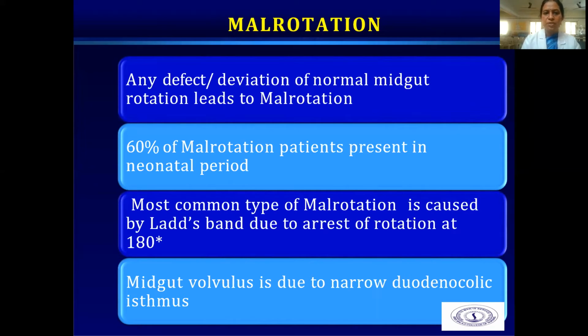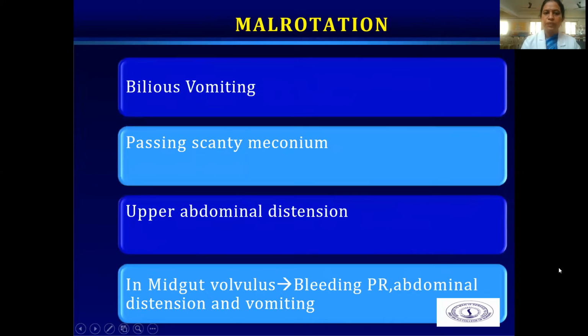Most common type of malrotation is caused by Ladd's band due to arrest of rotation at 180 degrees. So because the degree of rotation is more, the Ladd's band is the most common cause of malrotation. And midgut volvulus is due to a narrow duodenocolic isthmus.